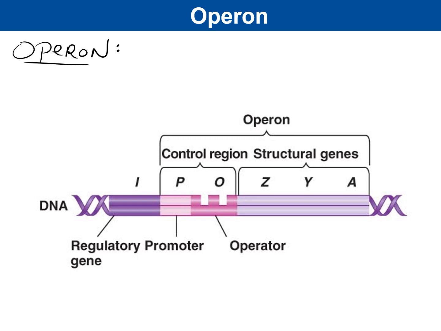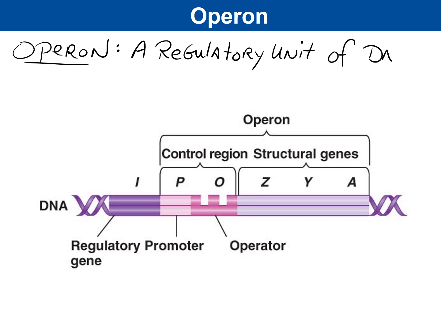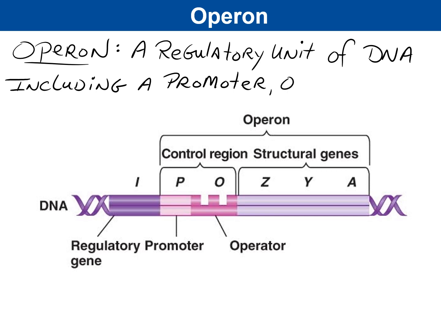An operon is a regulatory unit of DNA that includes a promoter, an operator, and structural genes.